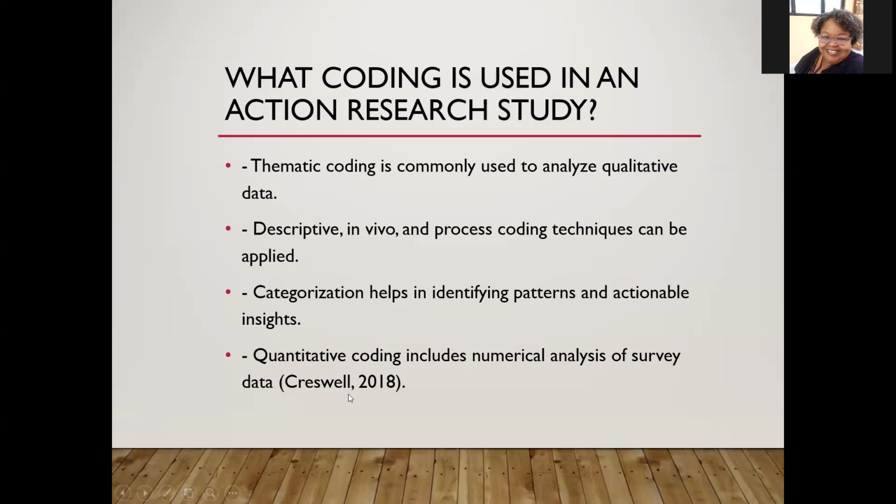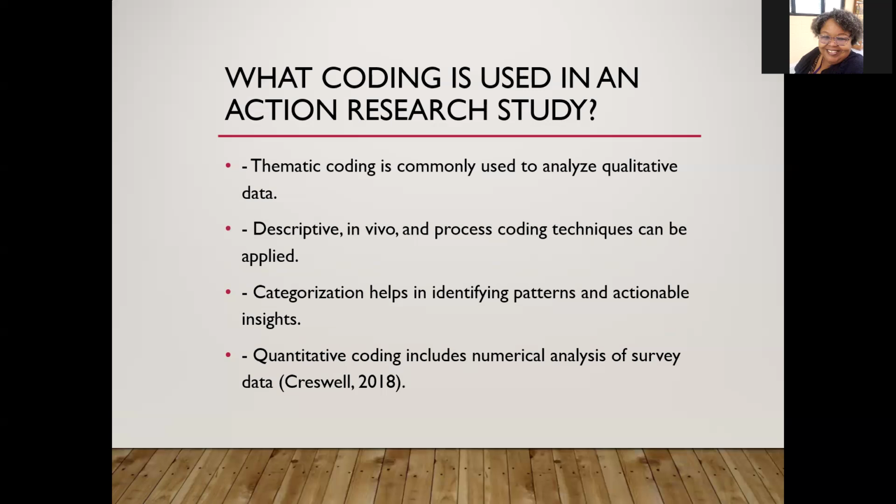Now, what types of coding do we use in an action research study? I'm still learning about coding, so I hope that this is accurate. We could use thematic coding, which categorizes data based on recurring themes from observations and interviews.